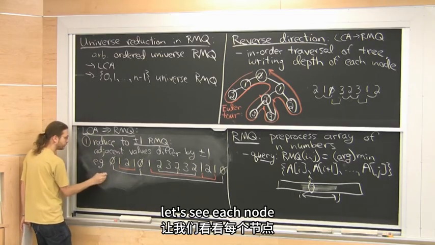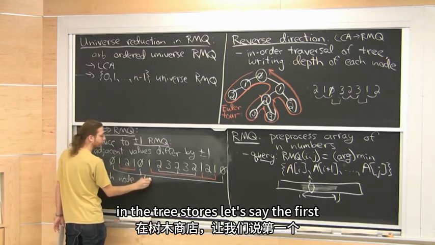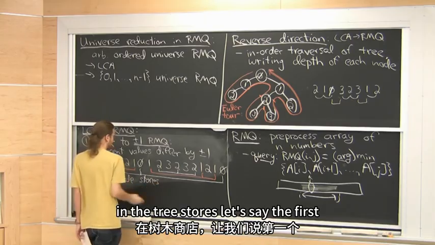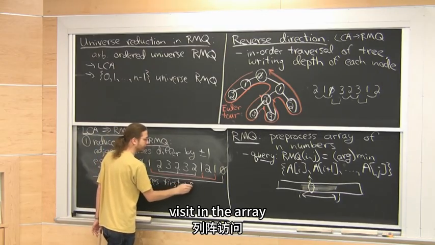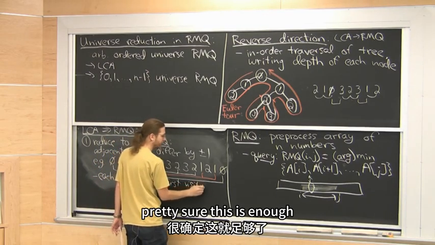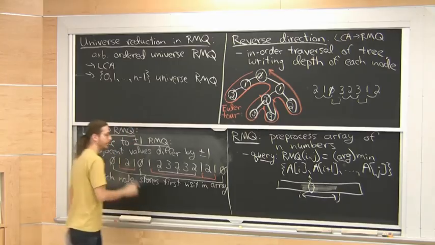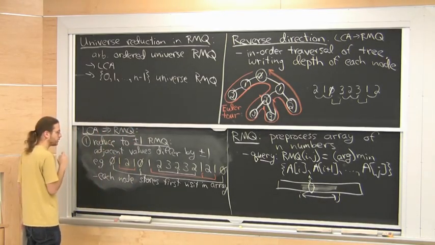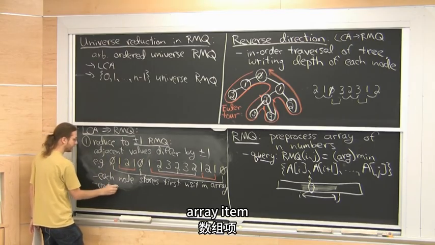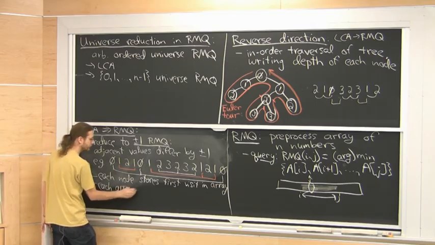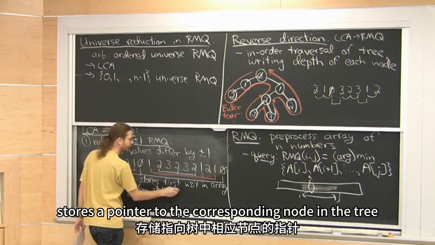Each node in the tree stores, let's say, the first visit in the array. Pretty sure this is enough. You could maybe store the last visit as well. We can only store a constant number of things. And I guess each array item stores a pointer to the corresponding node in the tree.